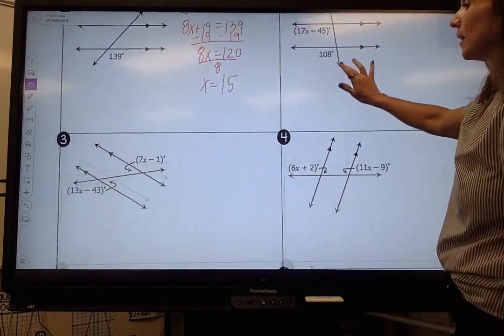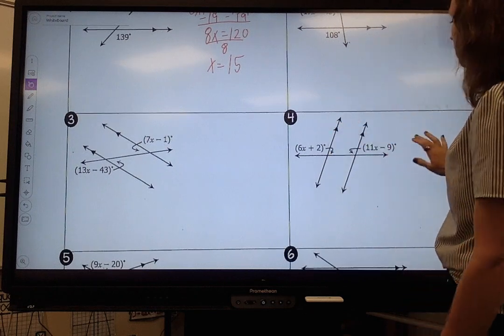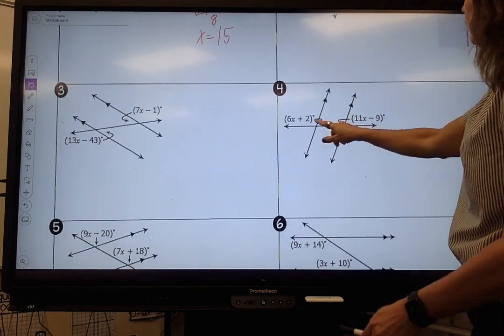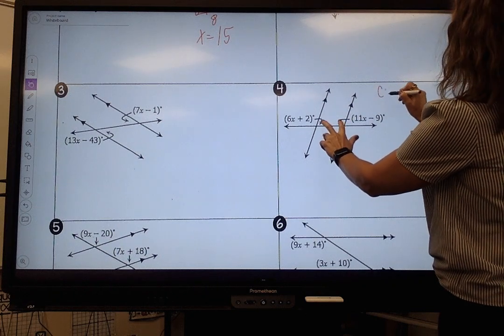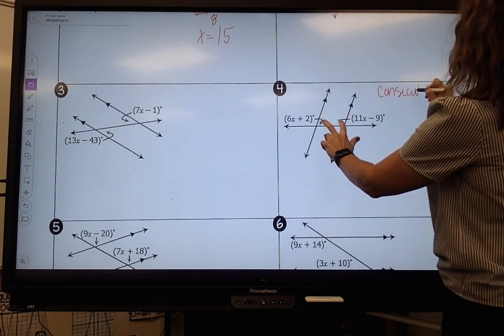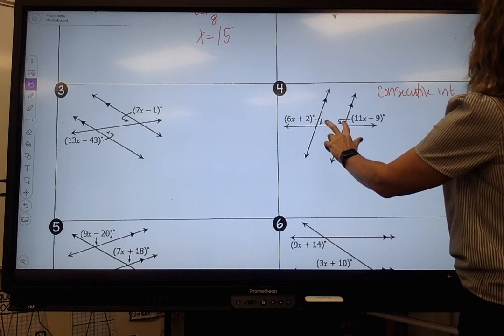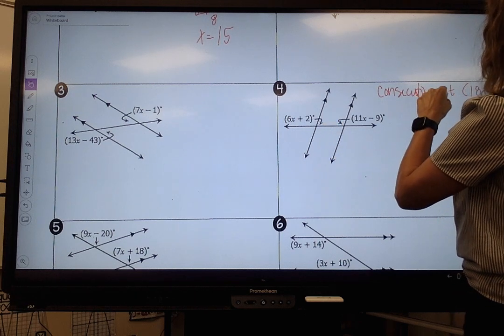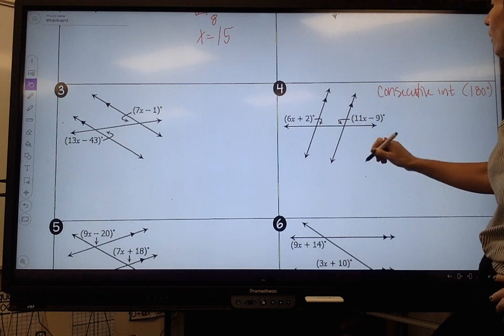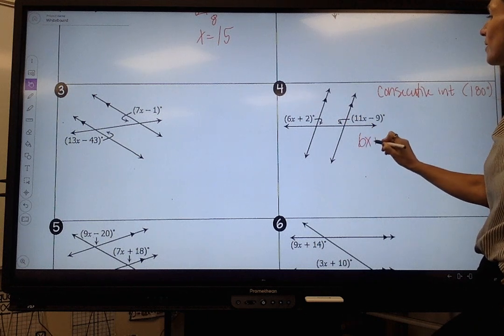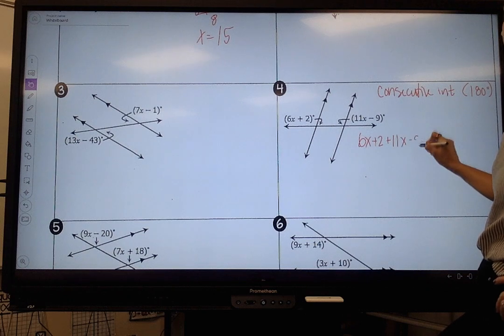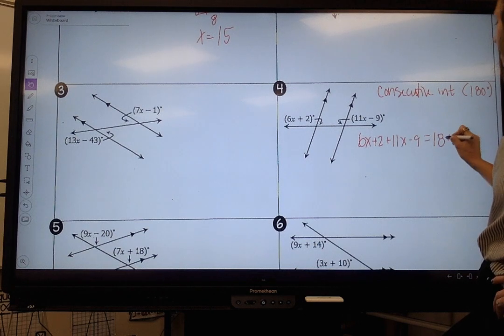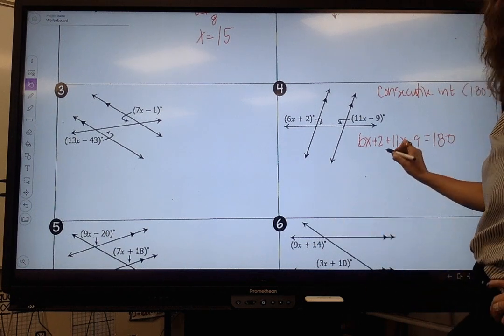Look at number 4. We're talking about these angles here, and that's going to be consecutive interior, and we know consecutive interior angles add up to 180 degrees. So now my equation looks different. It says 6x plus 2 plus 11x minus 9 equals 180 degrees, and you guys know how to solve this.